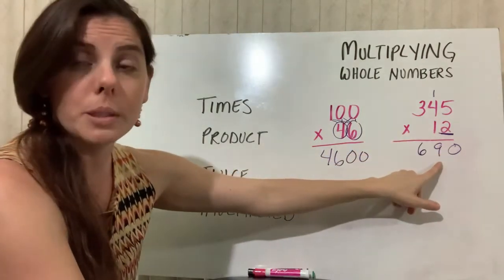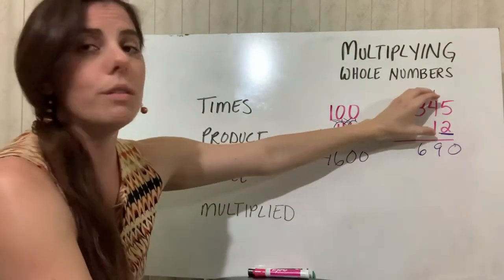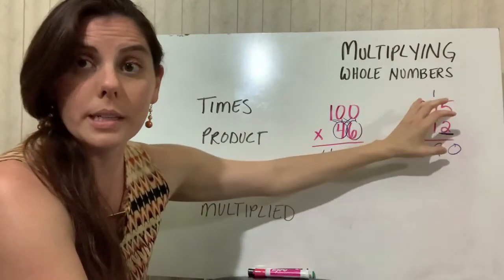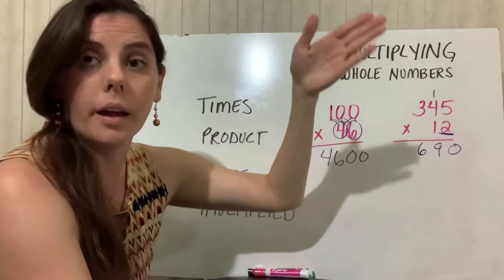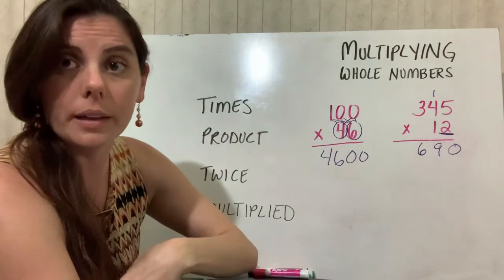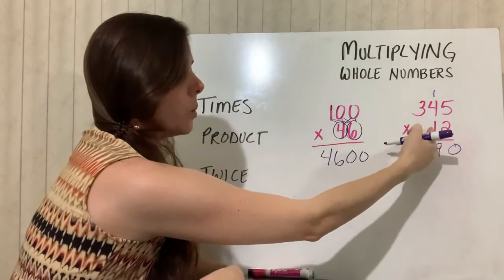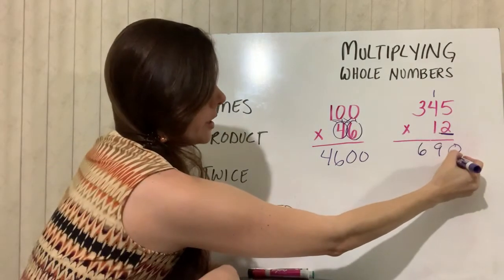So when we start multiplying, we need to start in the tens place. So even though these numbers might not be lined up perfectly and organized real nicely, this set down here has to be organized perfectly so that you don't forget what gets added together at the end, okay?